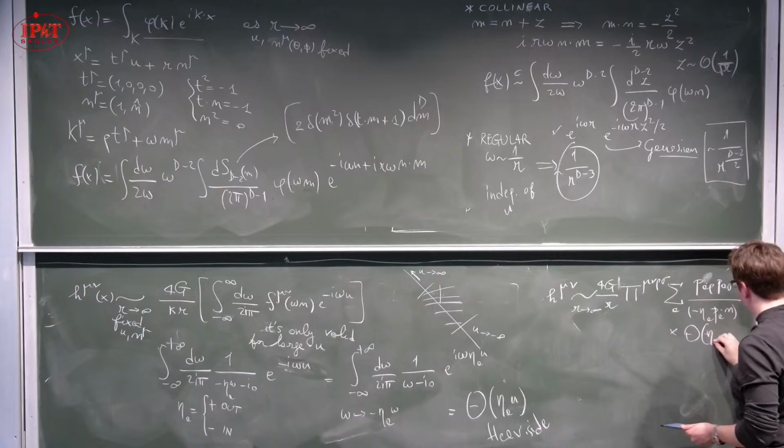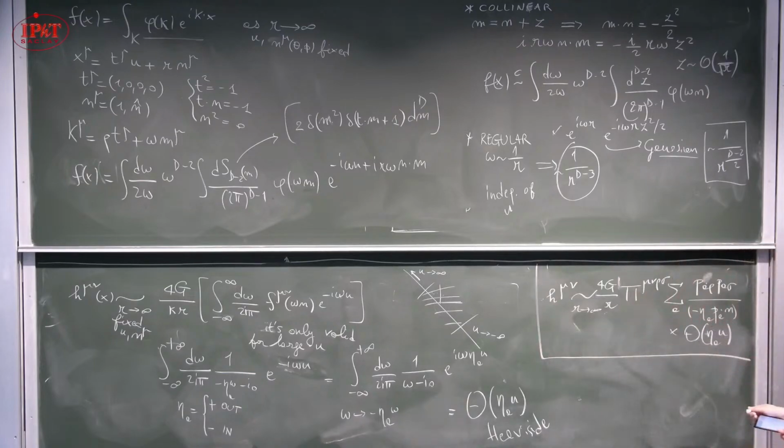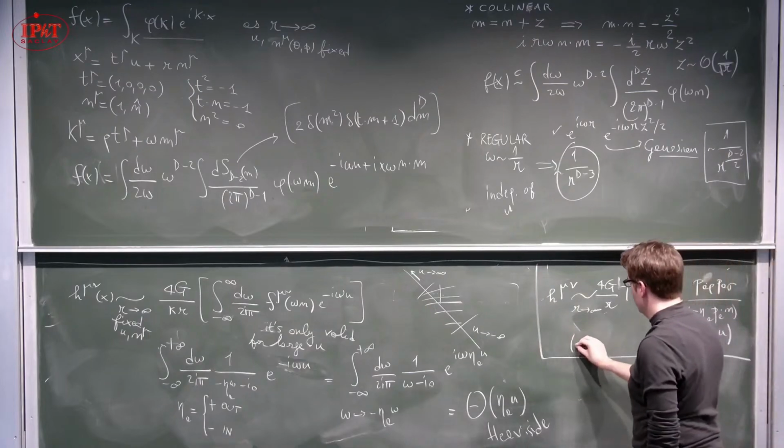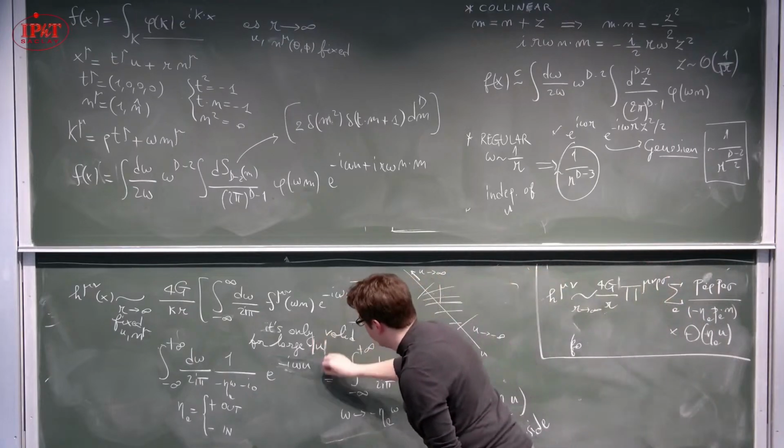Okay, now we are in a position to make some comment, finally. What this formula is saying, you remember that this is only reliable for large u, large absolute values of u, right?